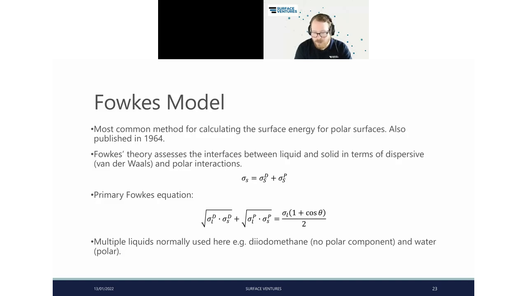And without going into the full maths of this, we can assemble our primary Fowkes equation there. You can use multiple liquids here with different polar components. This is where you can selectively eliminate different parts of this equation in order to perform your full characterization. So you can use diiodomethane, which has no polar component, and then water, which is polar.